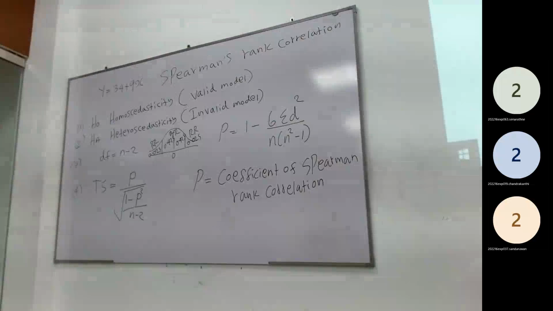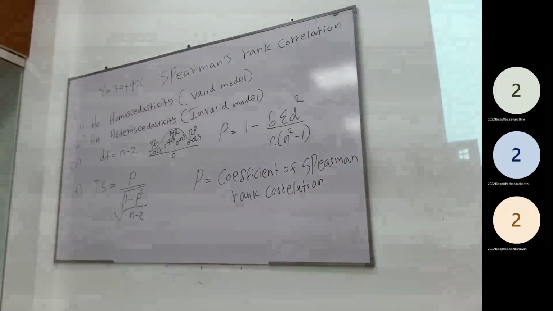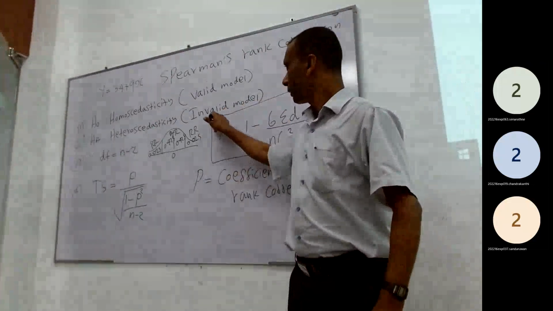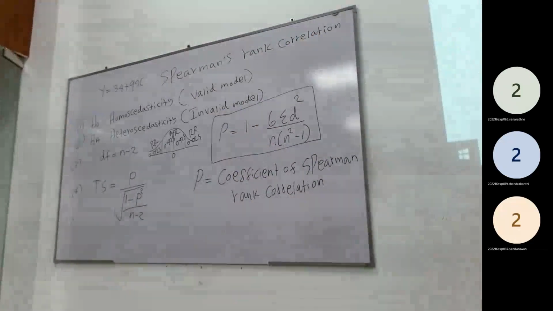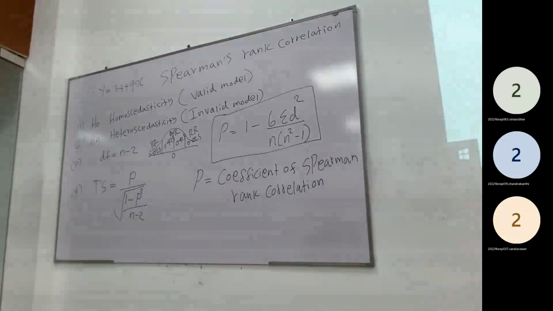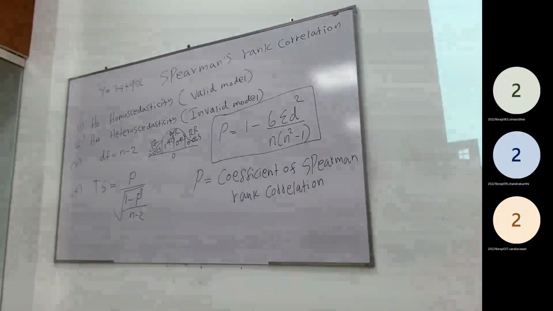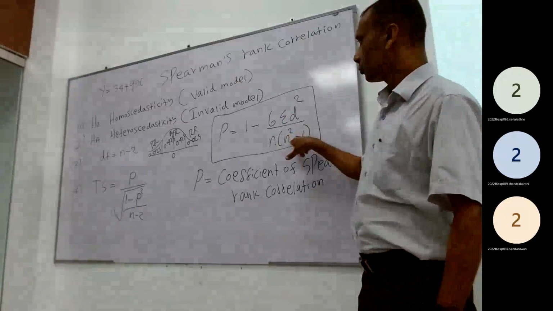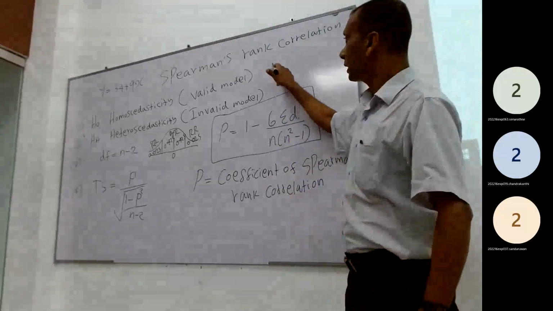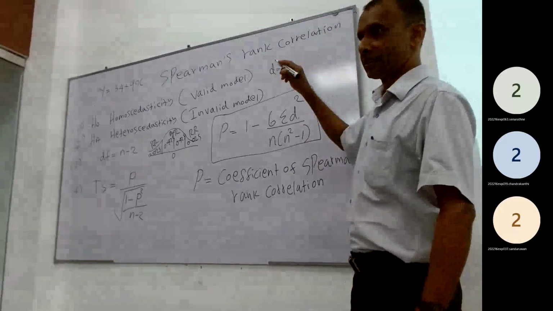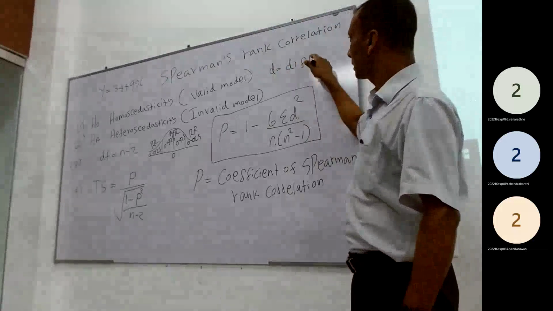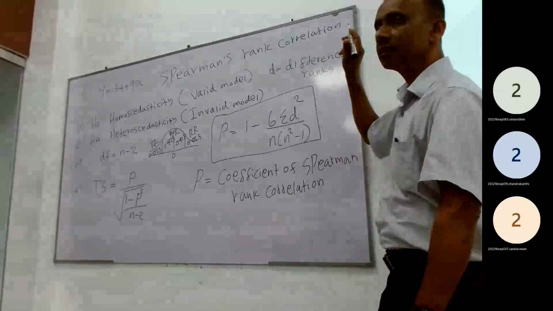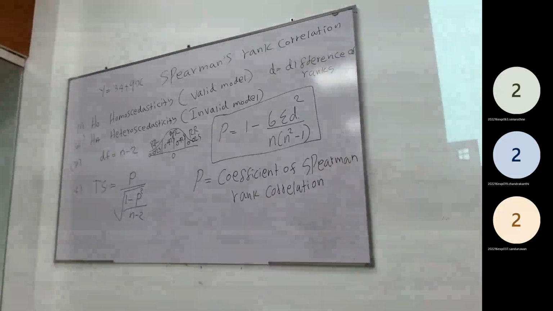We calculate the Spearman rank correlation using this formula. Here n is the number of observations, and d means the difference of ranks.